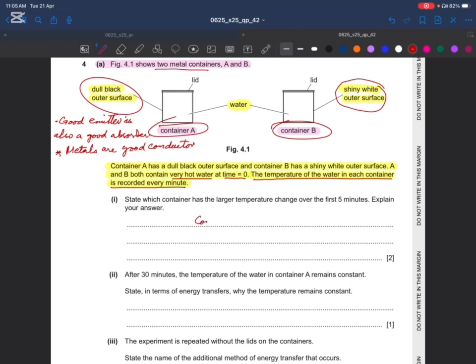Obviously the container A. And what is the logic? A simple logic: a good absorber is also a good emitter, and dull black is a good emitter.